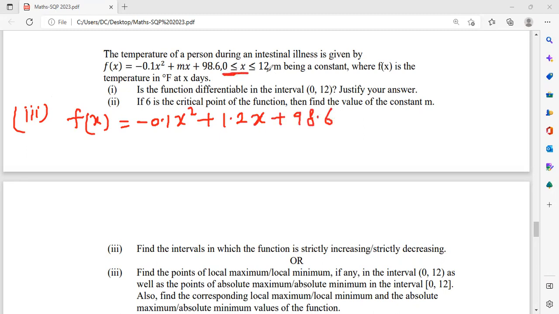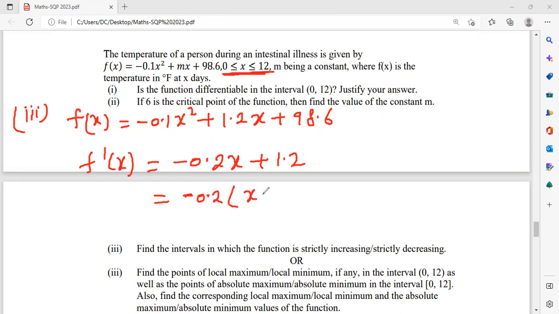We are given our domain is 0 to 12. Now f'(x) is the derivative of this, minus 0.2x plus 1.2. And we can write this as minus 0.2 common, x minus 6. This is our f'(x).